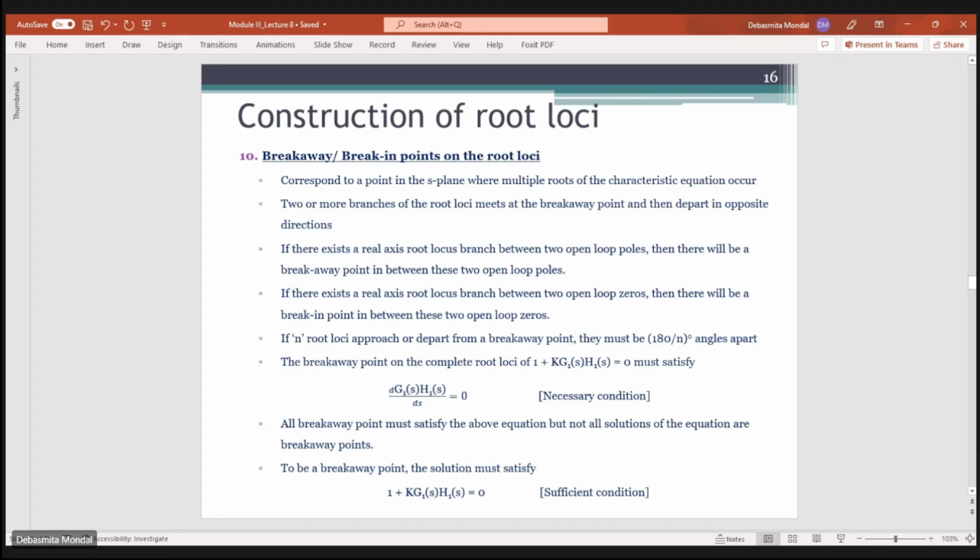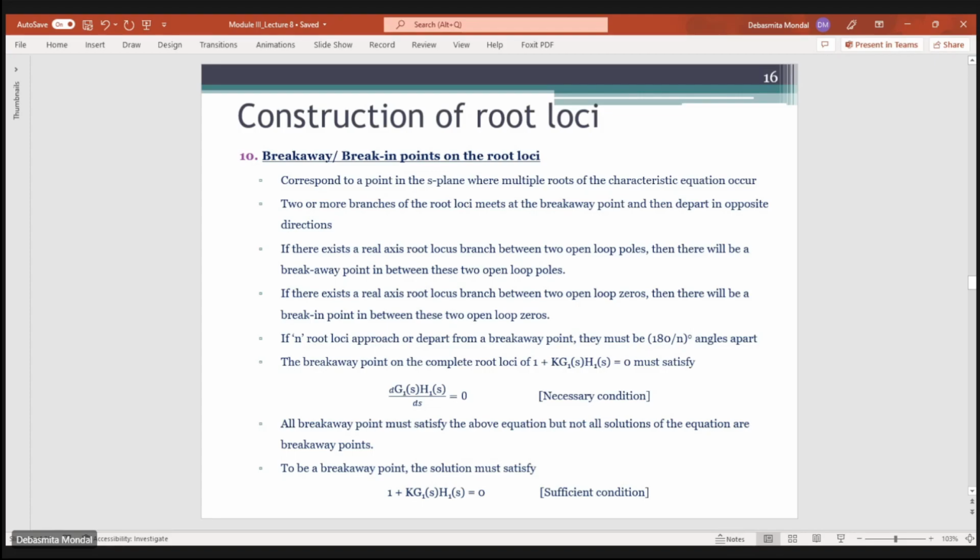If two or more branches of the root locus meet at a breakaway point, then they depart in opposite directions. If a real axis root locus branch is present between two open loop poles, there will be a breakaway point in between those two open loop poles.